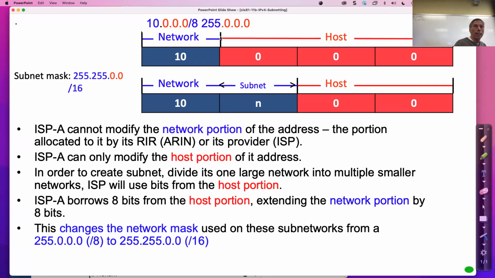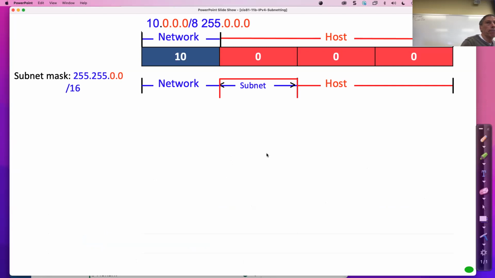So from 8 to 16. Now all of this represents the network. However, the first 8 bits, that 10, they can't change that. But they can manipulate this. Let's see how they do it.